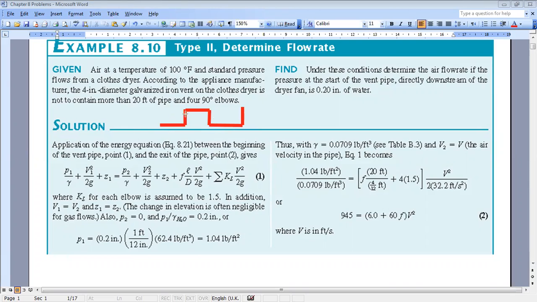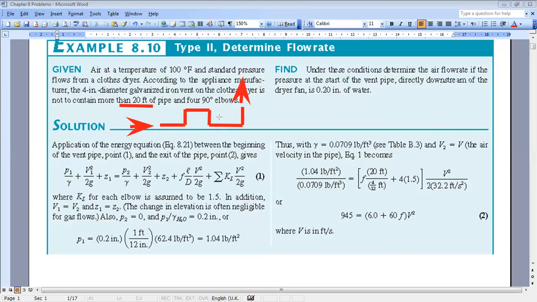So you have a piping system, a duct system, of total length 20 feet. If you sum the lengths of each segment, you get 20 feet. It contains 4 elbows from the initial point to the final point, and each elbow is of angle 90 degrees. Here you have the inlet condition, and the outlet condition is from here.